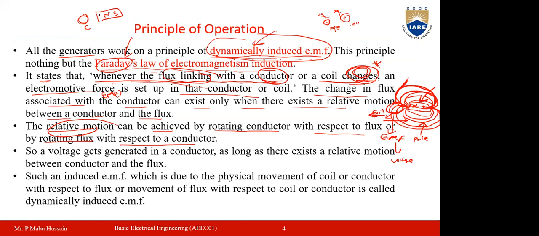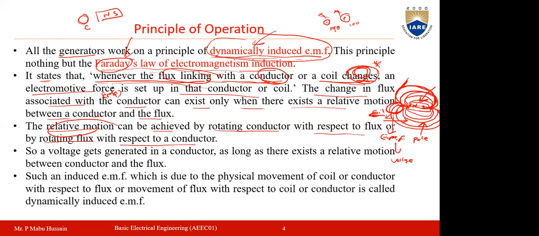Now, if you fix the conductor and you are rotating or changing the magnetic flux, then in such a case also the EMF will be induced in the conductor. But in such a case, that EMF is called statically induced EMF, if your conductor is stationary and flux is changing.